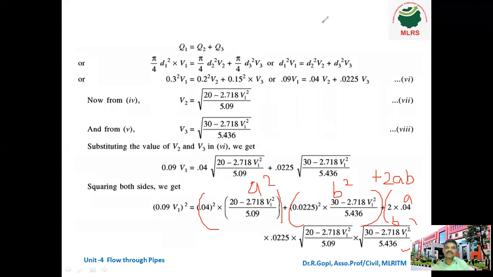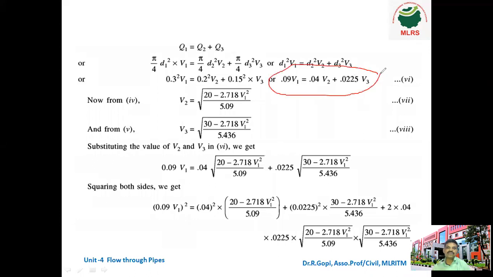Okay, so finally if you simplify, all the terms come under V1. Previously in equation number 6, there were 3 unknowns, V1, V2, V3. But after substituting, only one unknown is there, only V1. For that purpose only we calculated V2 and V3 in terms of V1.